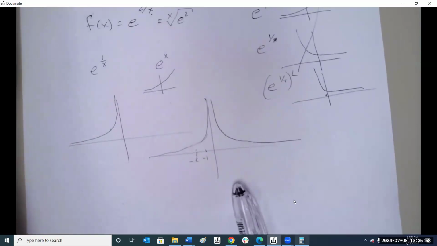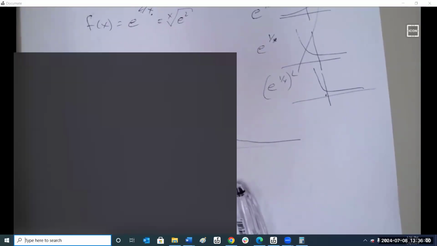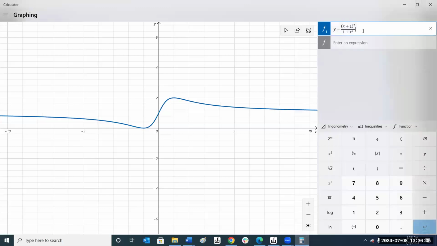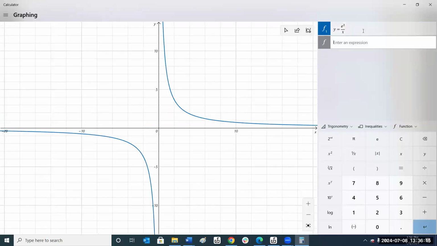This one looks like e to the power 2 over x. No, that's not right. E to the power 2 divided by x.